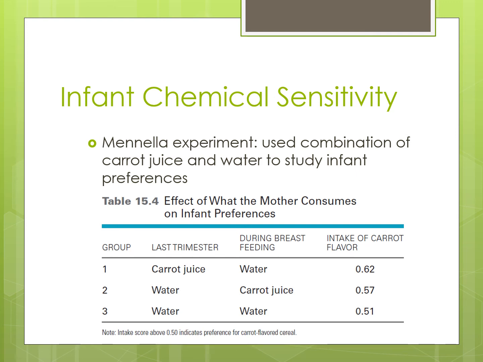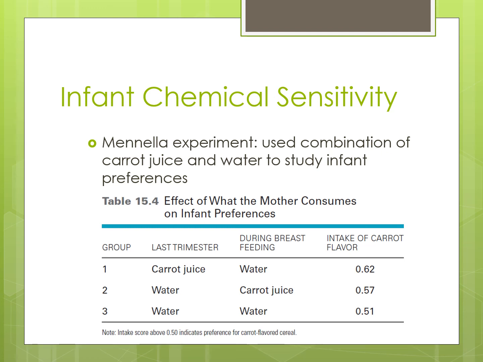What they found was that infants who experienced carrot juice would later, if they had the choice of a carrot flavored cereal or a plain cereal, choose the carrot flavored cereal. That was at 4 months old, and it was whether the woman drank carrot juice during the last trimester or during those first 2 months of breastfeeding.